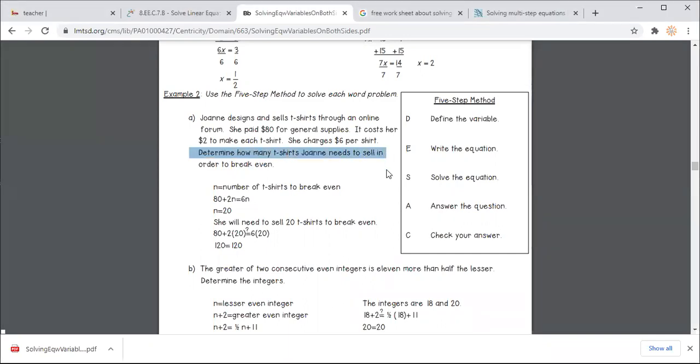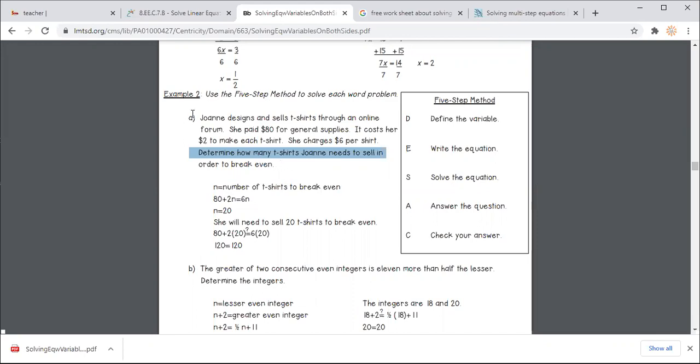This is which we don't know at the beginning. For this reason, we are going to define a variable for this. Then we are going to put n, and n represents the number of t-shirts to break even. Okay, so this is the first part. Define the variable. You are going to put n to represent the number of t-shirts.